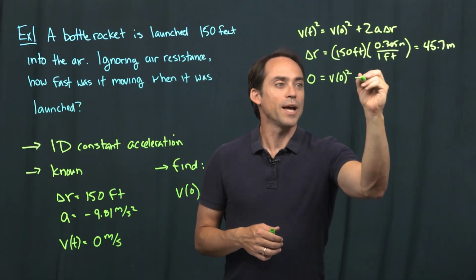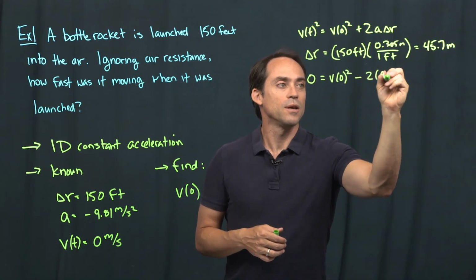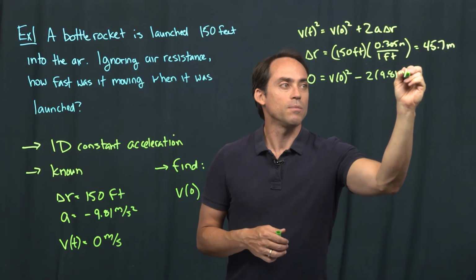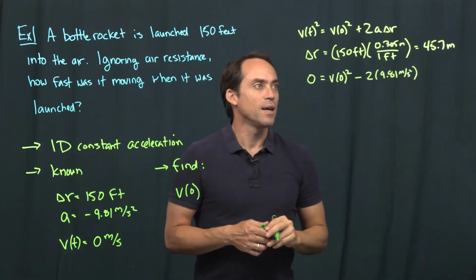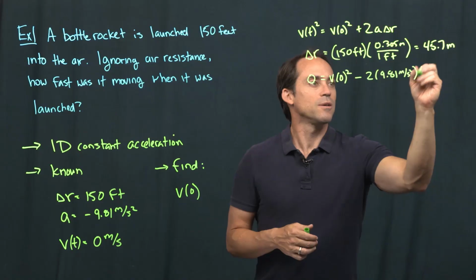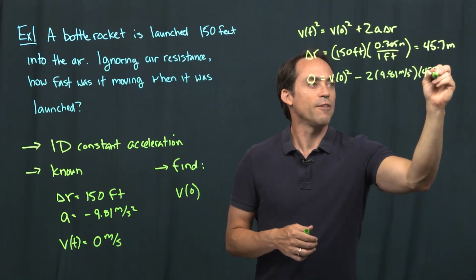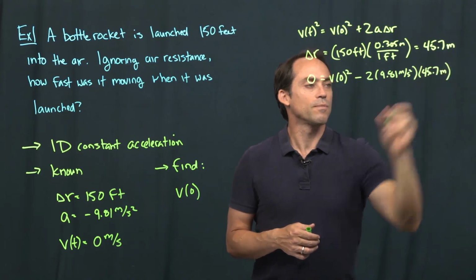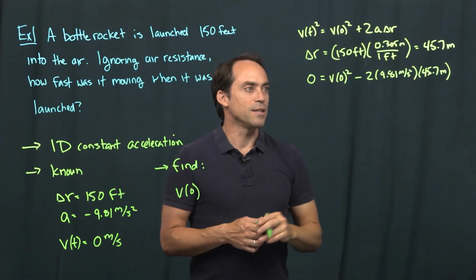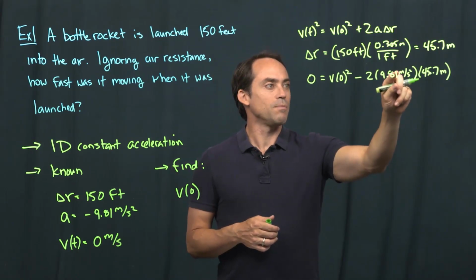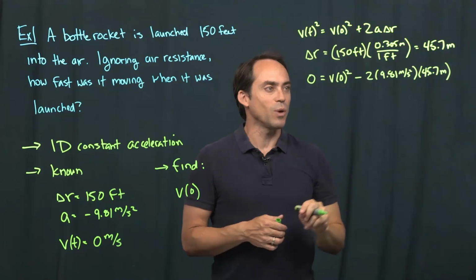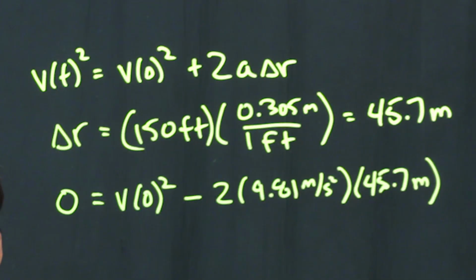So this is going to be minus 2 times 9.81 meters per second squared. And then we have our displacement, which is 45.7 meters. All right? And if we look at the units, of course, we're going to get meters squared per second squared, and that's the units for velocity squared.